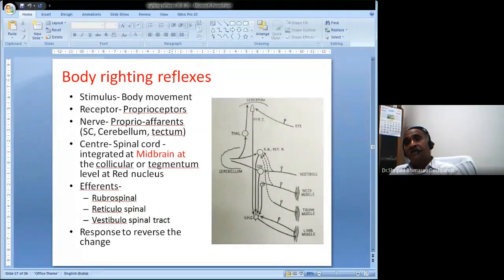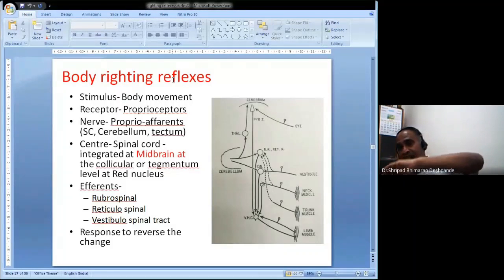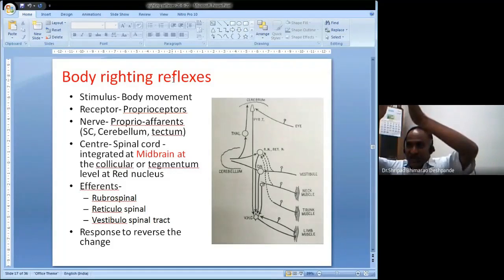Body rights in reference to head, because the neck is the interface between the head and the body, and body rights in reference to the limbs, especially the lower limb. So those two things it will consider, trying to put them in one axis or in one cylindrical linearity.